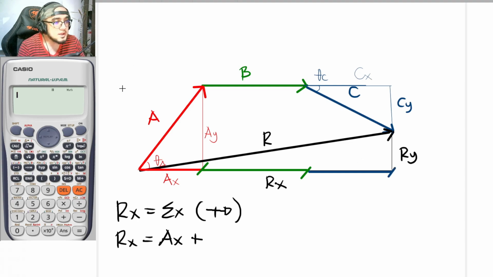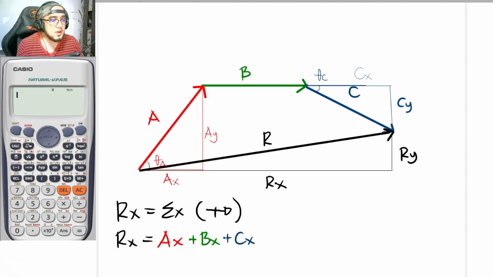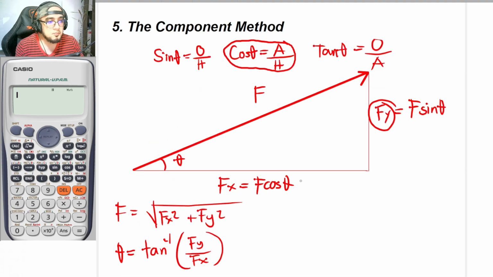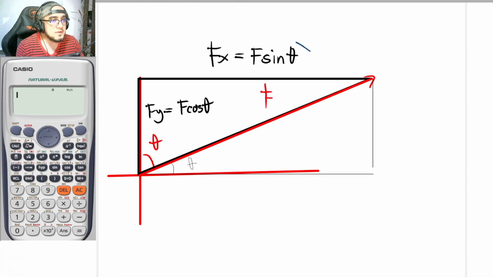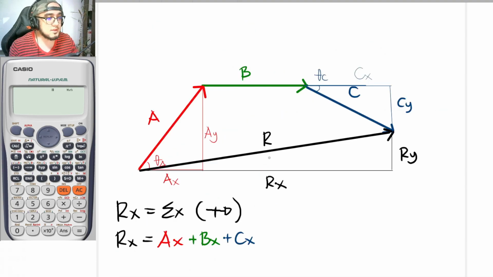As you can see, the summation of all of them would now result in Rx. Take note that these values can be solved using trigonometry, just like what we have been doing earlier: F cosine theta or F sine theta, whichever is applicable to the vectors that you are solving for. So that is for Rx.